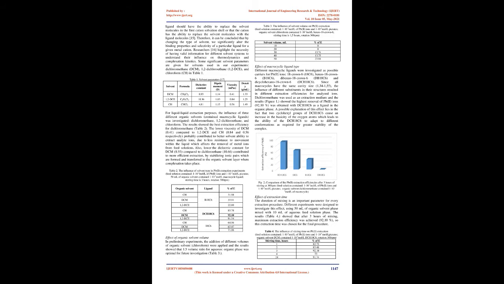Analyte ions were transferred to the aqueous phase by mixing aqueous and organic phase at 300 rpm for 3 hours. After the phase separation, back extraction efficiency was determined through the FAAS measurements of Pb²⁺ content in aqueous stripping solutions after mixing.